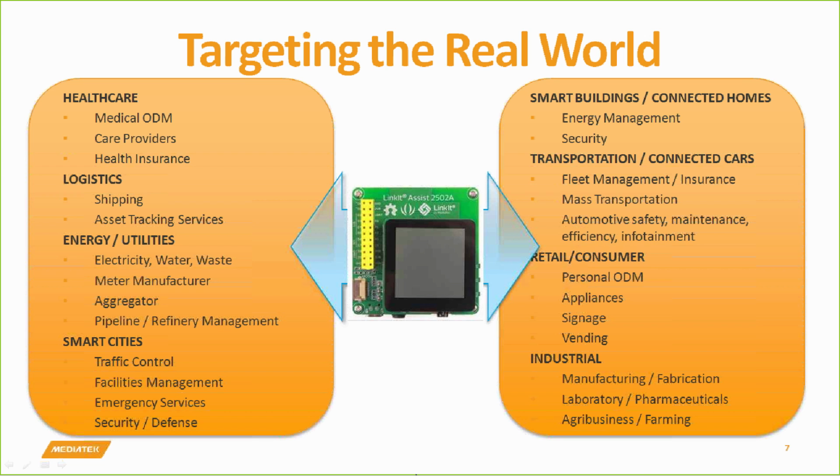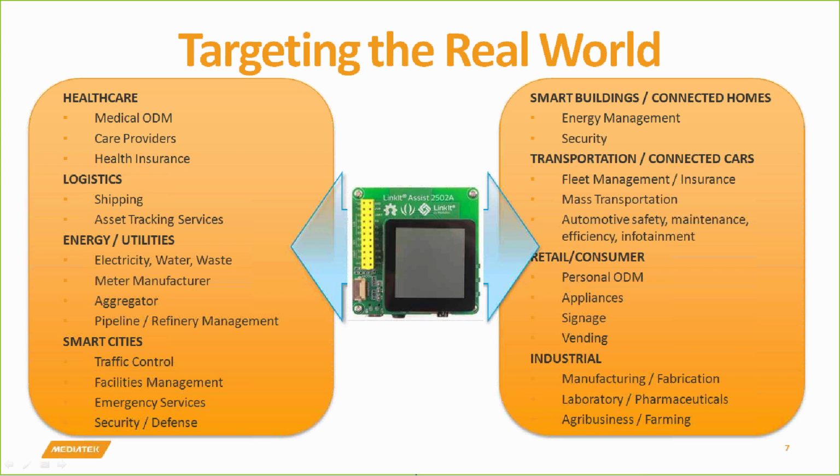Connected cars, very big at the moment across Europe and the US. Lots of fleet management, mass transportation, and safety issues that we can target. Looking at the retailer and the consumer, then obviously there's health and fitness, but there's also things like the ability to access vending, signage, appliances.